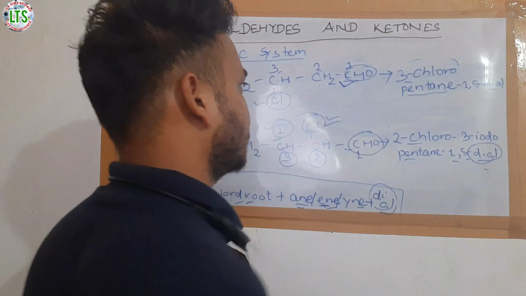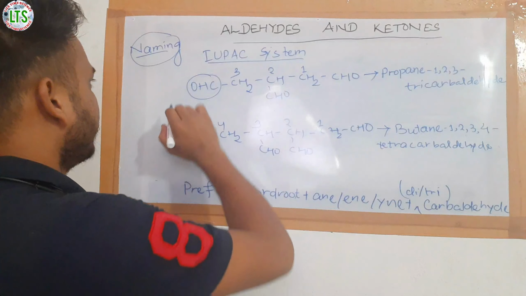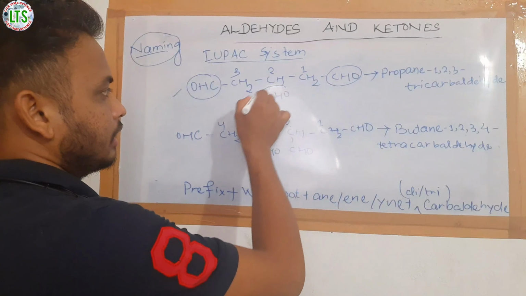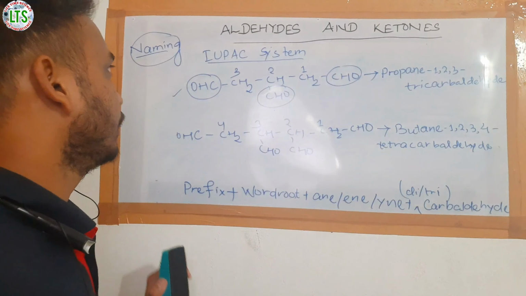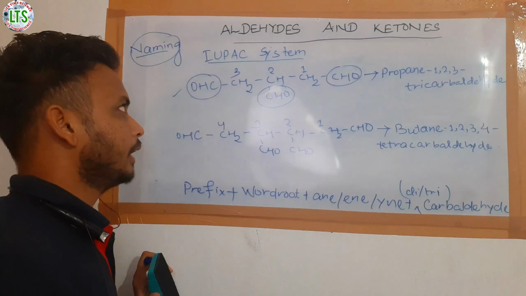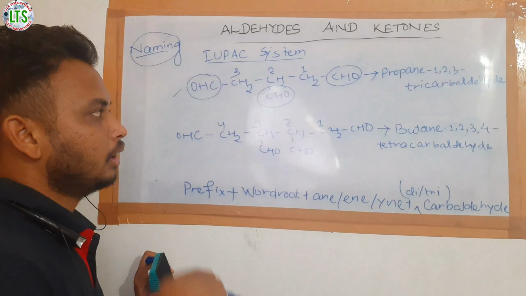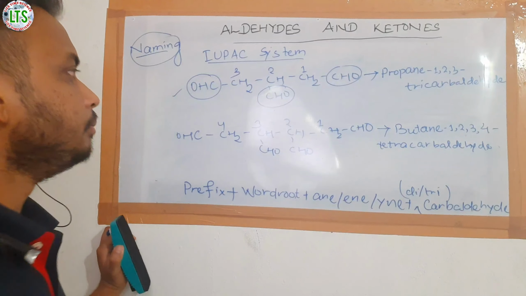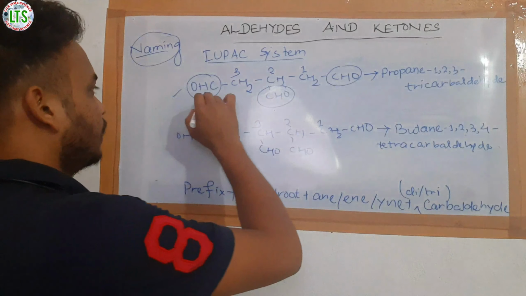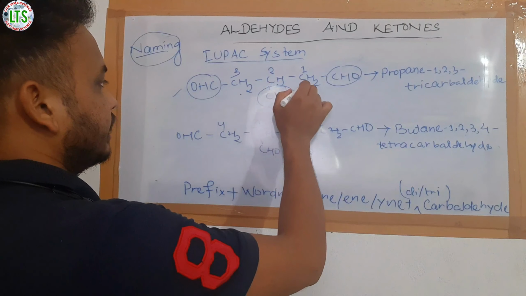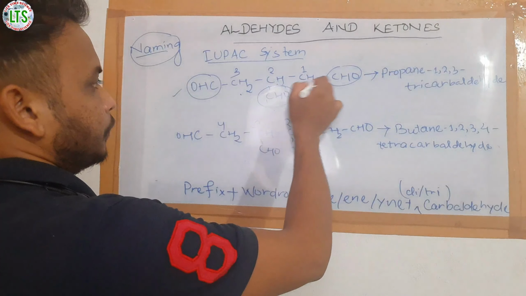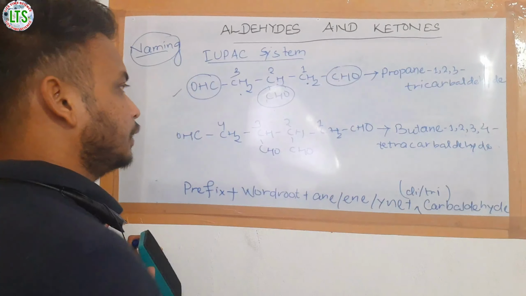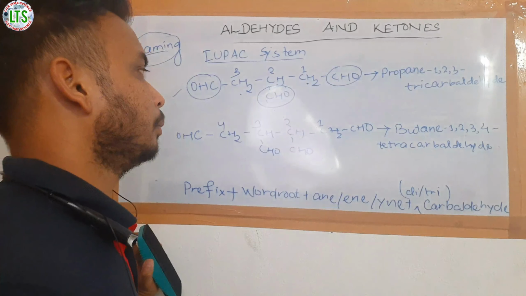This is the suffix. Next is that if three or more than three CHO groups are present in the compounds, then how can we name that type of aldehyde compounds? For example, in the compound CHOCH2CH(CHO)CH2CHO. Here in this compound there are three CHO groups or aldehyde groups.